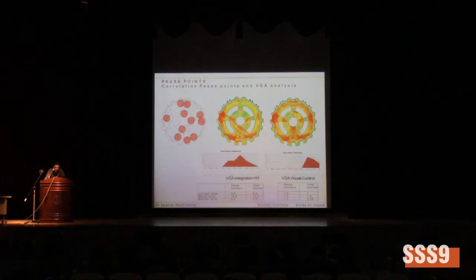And I found interesting correlation with the integration HH and the visual control. In fact, this is the integration and that is the visual control. And all the pauses were performed in the highest quarter of the visual control levels of the building. That means all those pauses were in the highest, or the red, areas of the visual control.